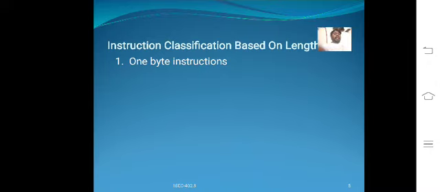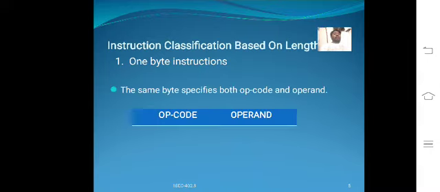In the instruction classification based on length, in a 1 byte instruction, the same byte specifies both the opcode and the operands.